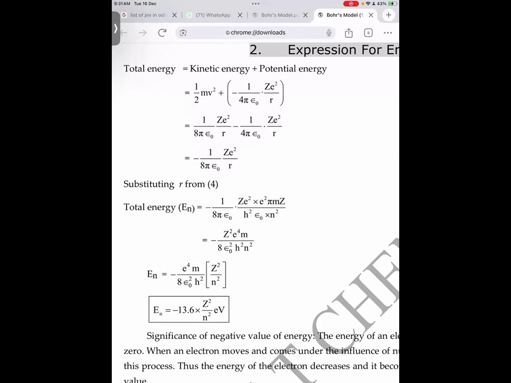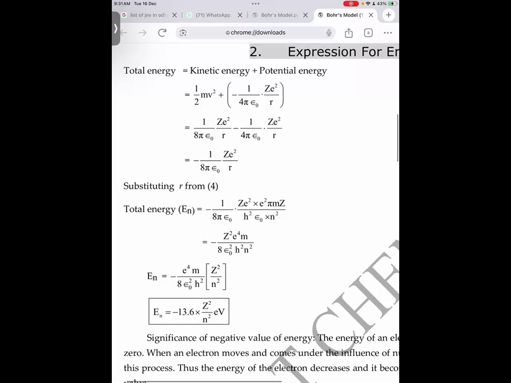If you solve this, half mv square can be written as 1 upon 8 pi epsilon naught z e square by r, minus 1 upon 4 pi epsilon naught z e square by r. So it finally comes to minus 1 by 8 pi epsilon naught z e square upon r.